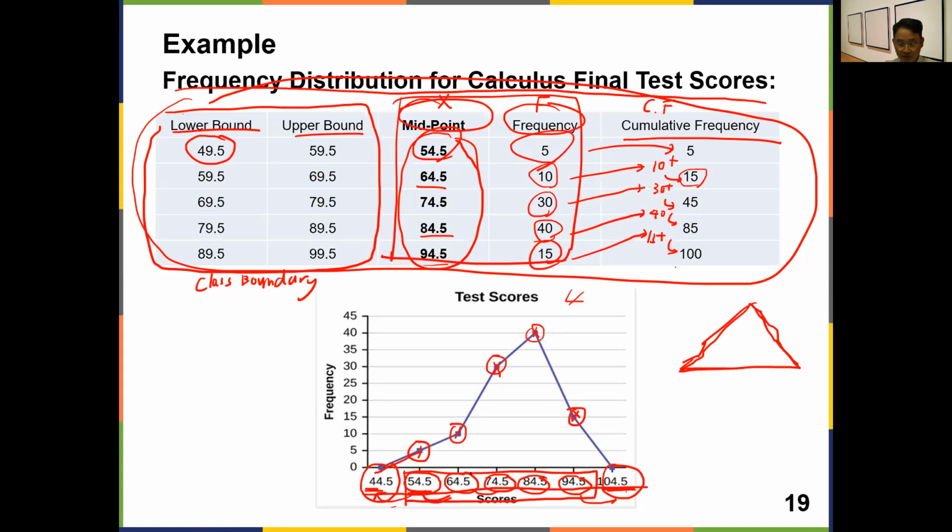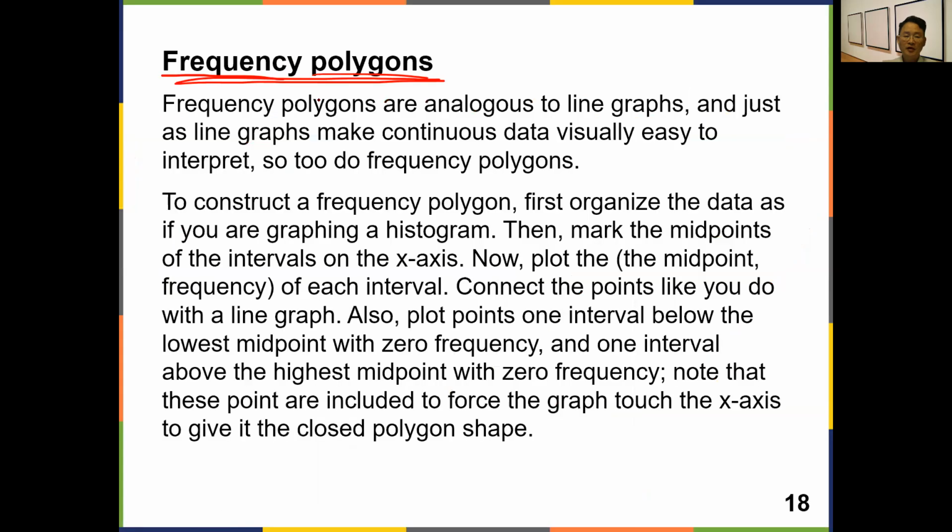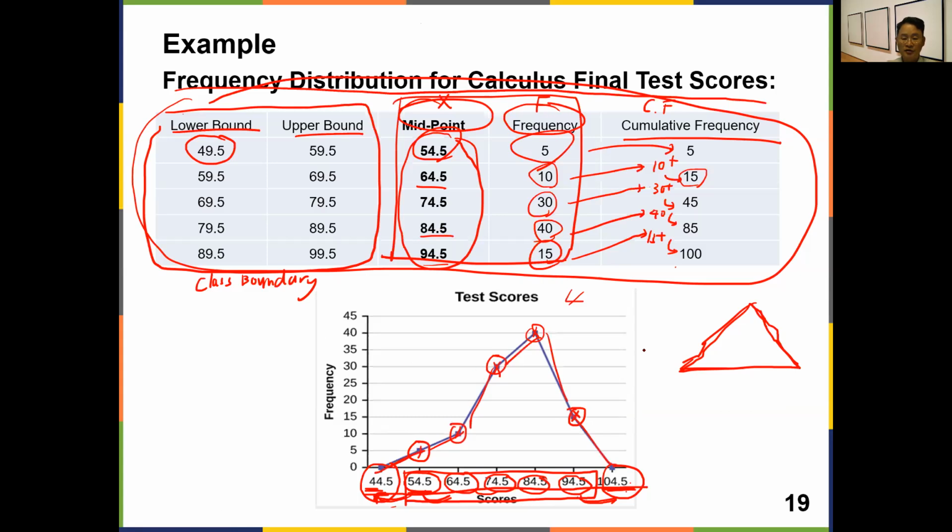You notice that the difference is just by 10. So you go 10 down, you go 10 up, you get these two, and you connect all these points with the straight line, and you have this frequency polygon. And this is how they explain how to build this frequency polygon, right?